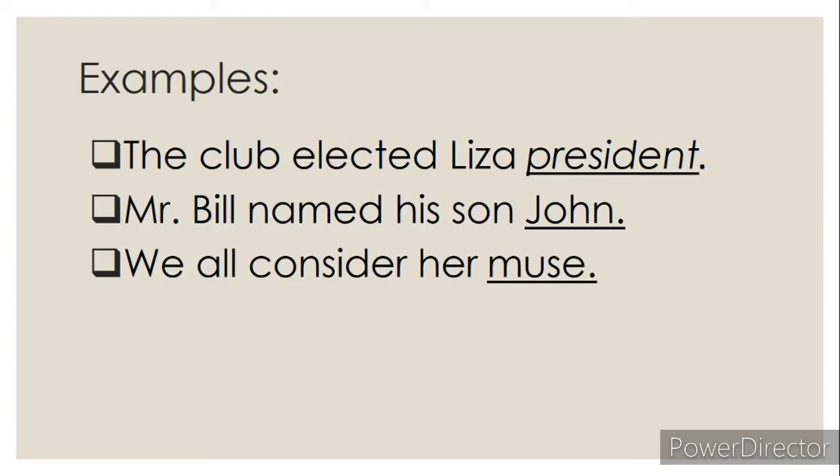So, for our example in number 3, we all consider her. Okay, her is our direct object, and we have here the objective complement Muse to give more information about her.